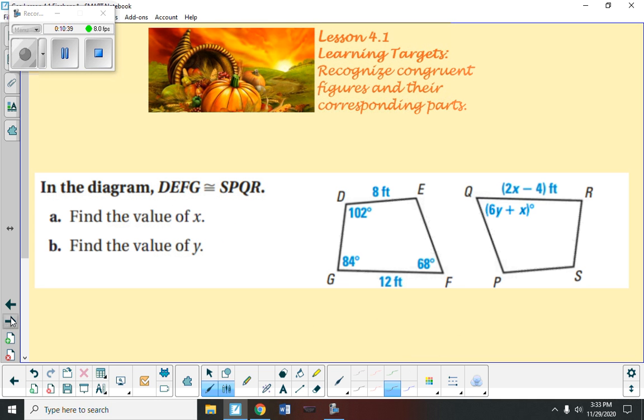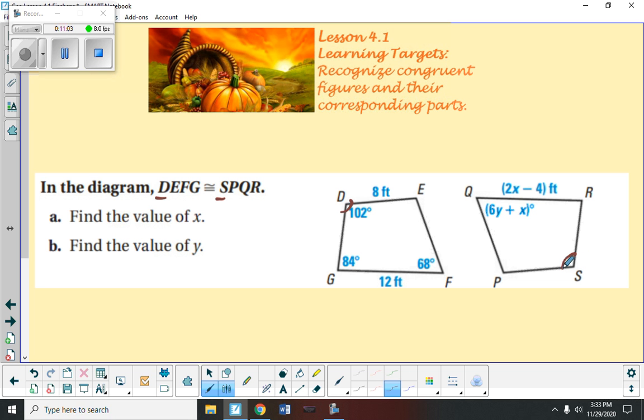All right, let's solve some problems using this. It says in the diagram, DEFG is congruent to SPRQ. So when you see that, what that would mean is angle D would be congruent to angle S. So angle D, right away, I can fill in everything I know. Angle D and S are the same.